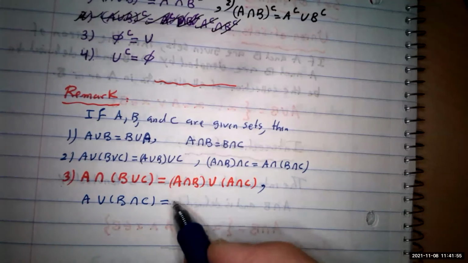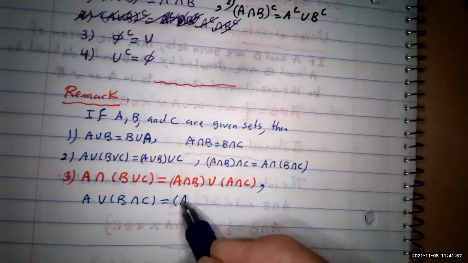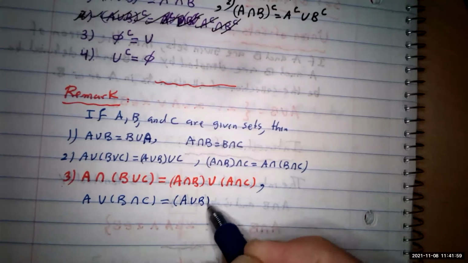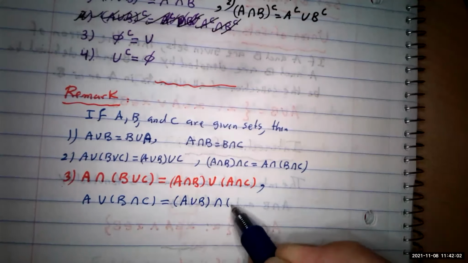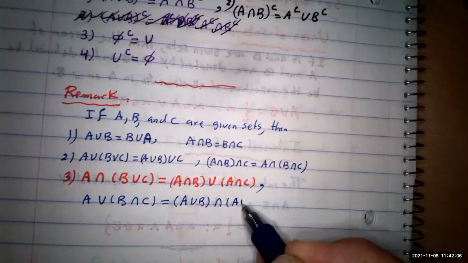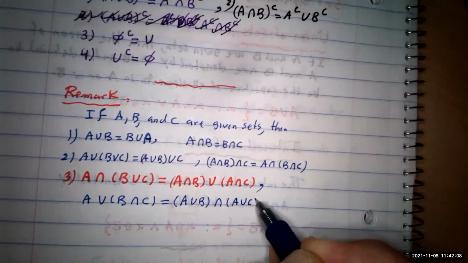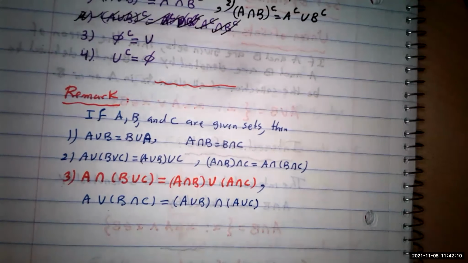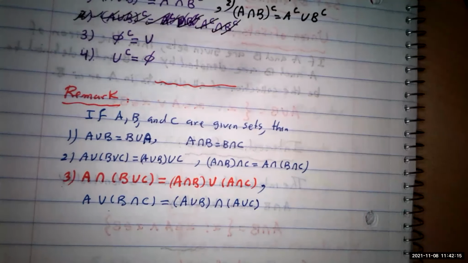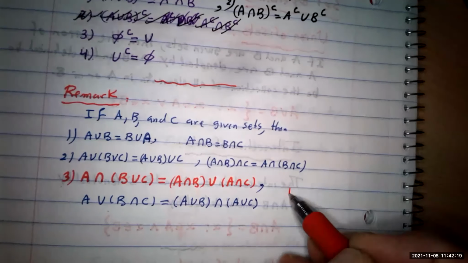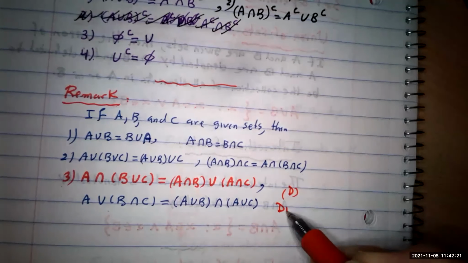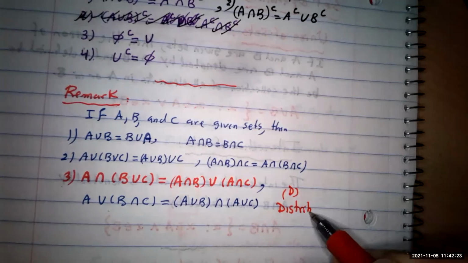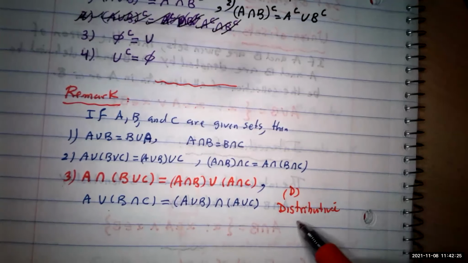And then this would be A union B, intersect with A union C. So this second property is going to be different from the ordinary operation that we apply. This is the one that we call the distributive property, property D.